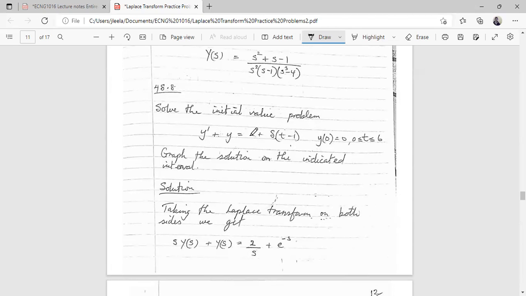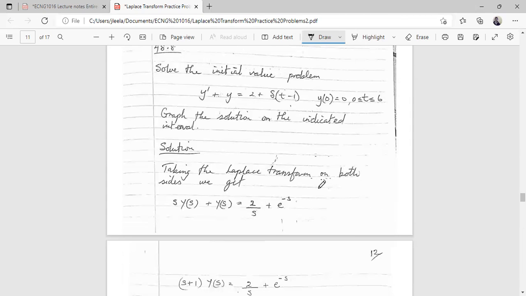So we have to take the Laplace transform on both sides of the equation. So taking the Laplace transform on both sides gives us what?